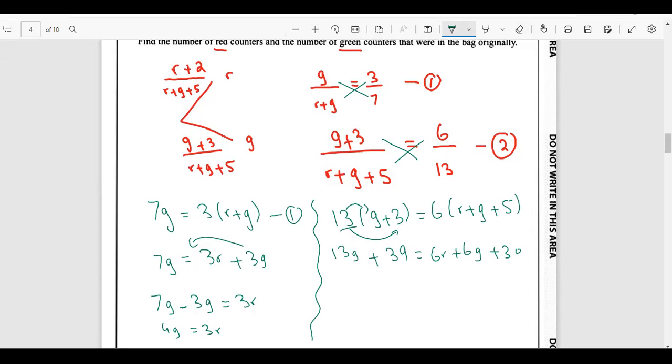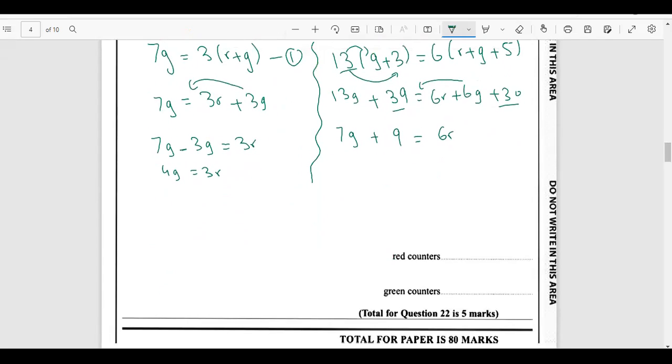Let's simplify this. I can take the 6G to the other side and this would give me 13G minus 6G. So it would become 7G plus 39 minus 30 would give me 9 equals 6R. All right. So now I have two simplified equations and I can solve this simultaneously.